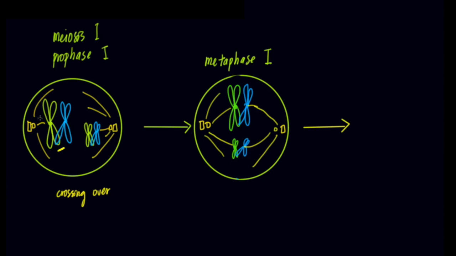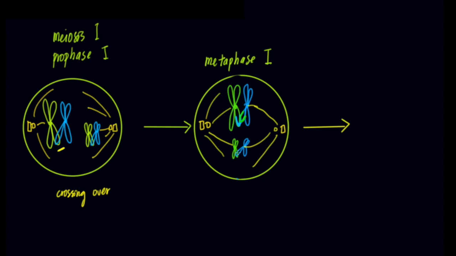So if we just allow them to split, it's a bit boring. Everybody will have the same kind of genes. What we need to do is have them mix up a little bit. This is called crossing over. After they have crossed over, this part that used to be green is now blue, and this part that used to be blue is now green.